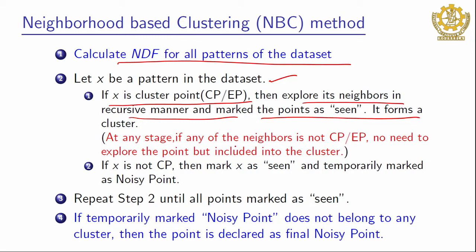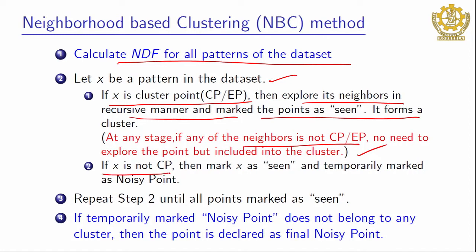At any stage, if a neighbor is not a core point or event point, there is no need to explore the point, but include it in the cluster. That means, like the temporarily noisy point earlier, you mark the point because it is a border point, but do not explore it further.